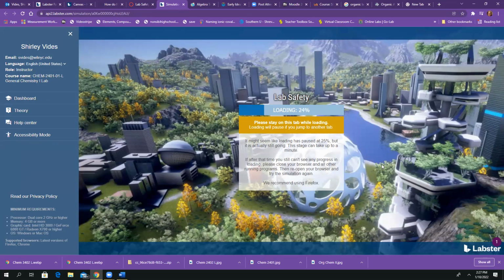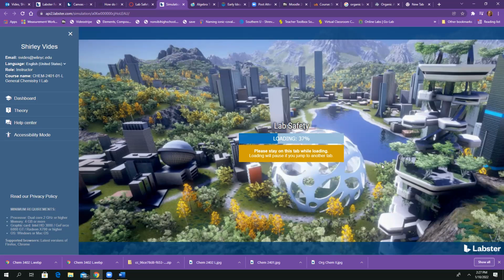It usually hangs around 24, 25, and then all of a sudden, it just loads up fast. There it goes, see? And now it stops a little bit and then you're able to enter.